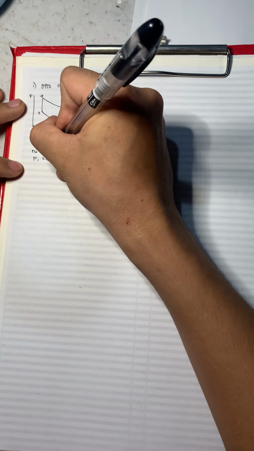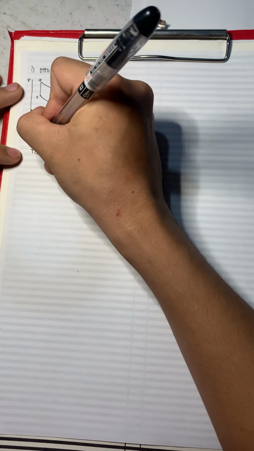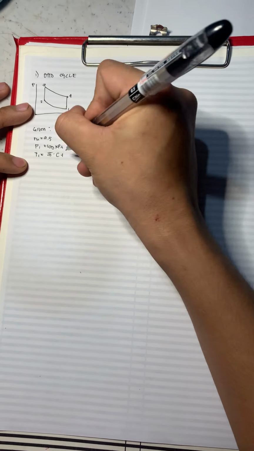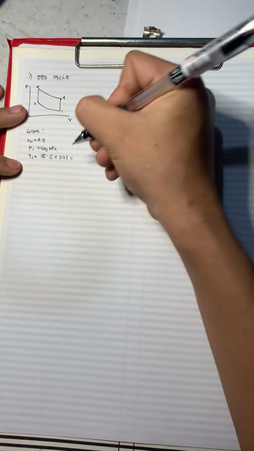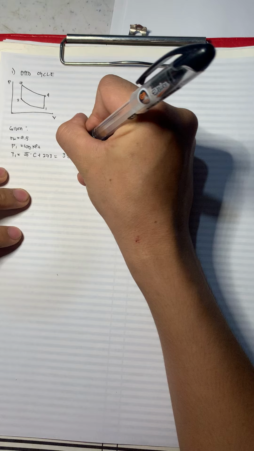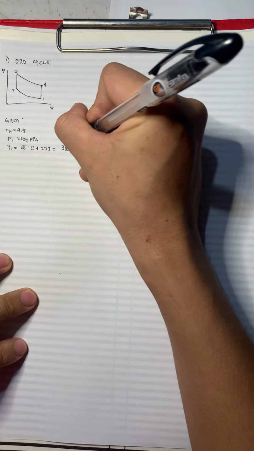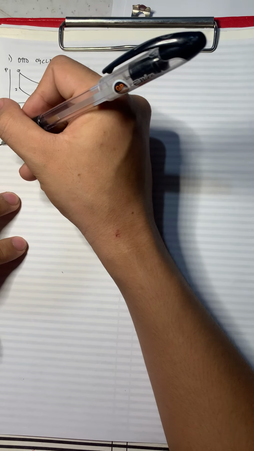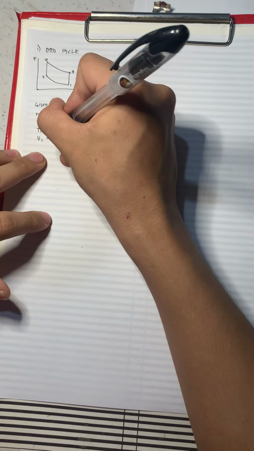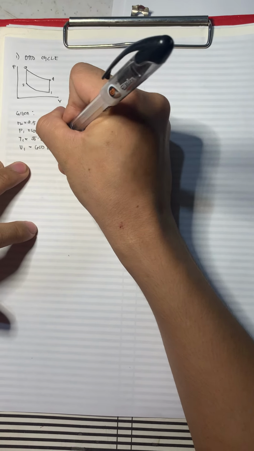P1 is given, 100 kilopascal. T1 is also given, 35 Celsius. Convert into Kelvin, that equals 308 Kelvin. Also, initial volume is given, 600 cubic centimeter.